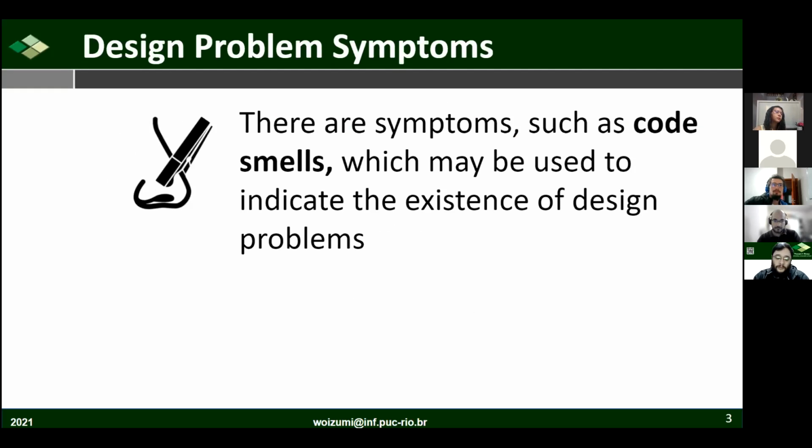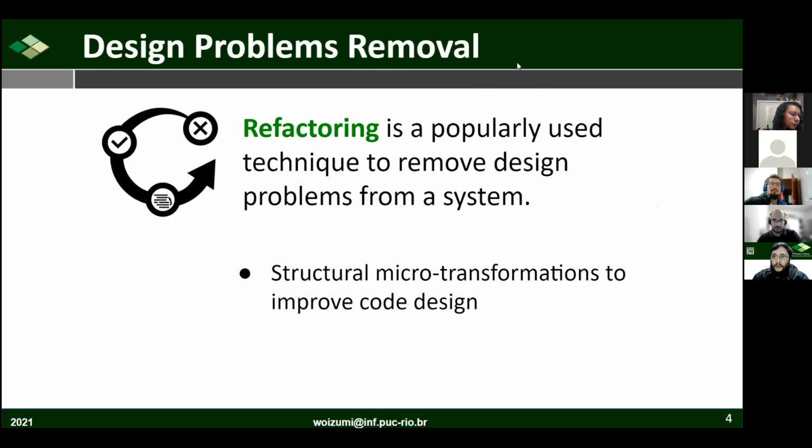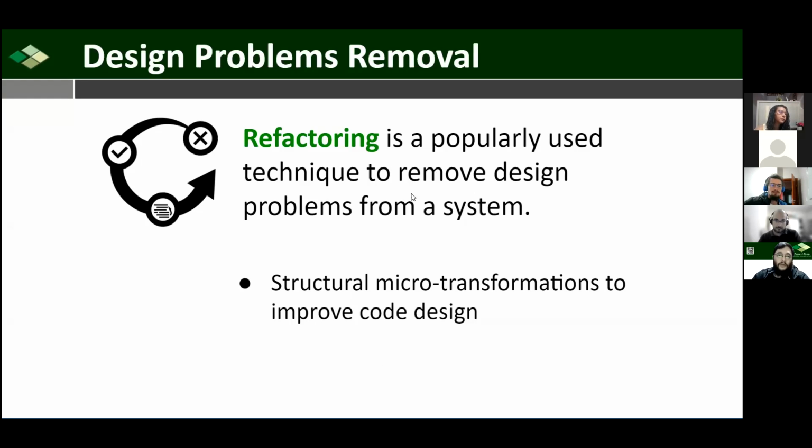Such symptoms usually are automatically detected and they may indicate the existence of design problems. For removing the design problems, developers usually apply a technique that is refactoring, which consists of micro transformations that are intended to improve the code design without changing its behavior.